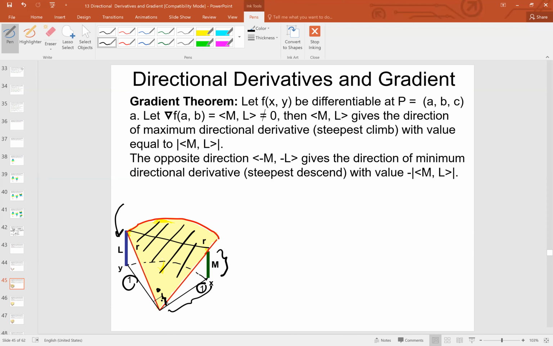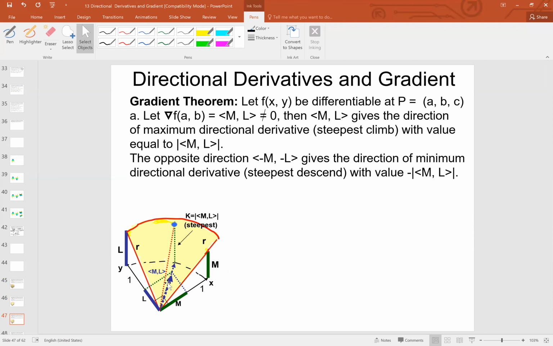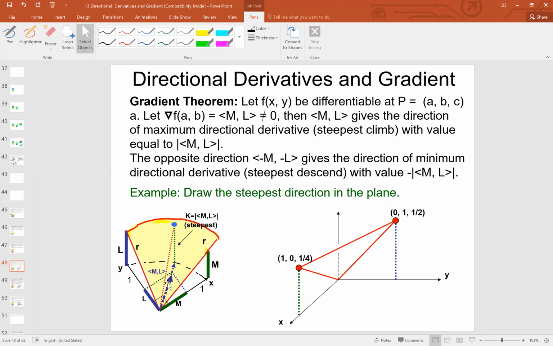If I were to stand over here, ready to go up, where is the steepest? Well, it turns out the steepest is this. You take m, put it on the one axis, you take L, and put it over here. That's in this direction, the direction of the gradient. Okay, so in this case, the steepest direction is 1/2, 1/4, 1/2.